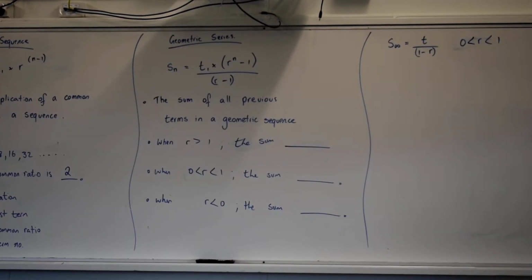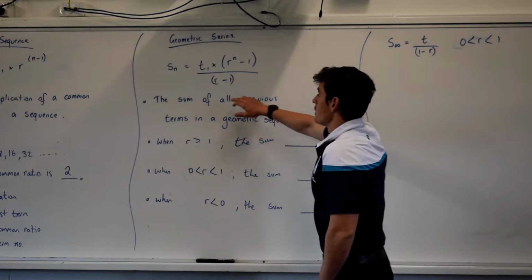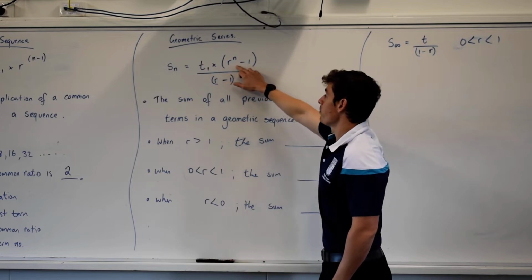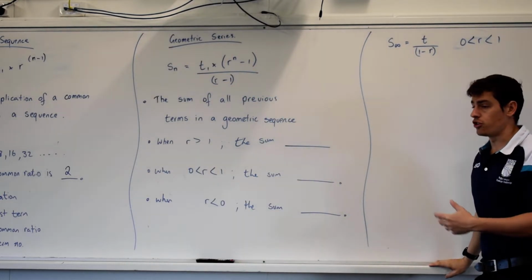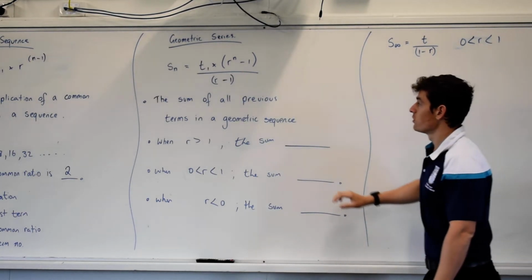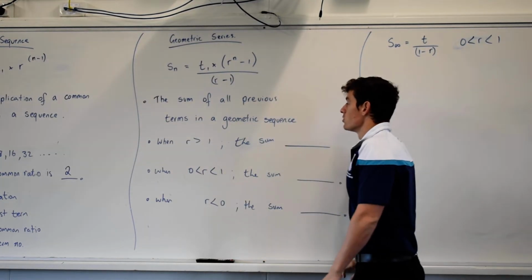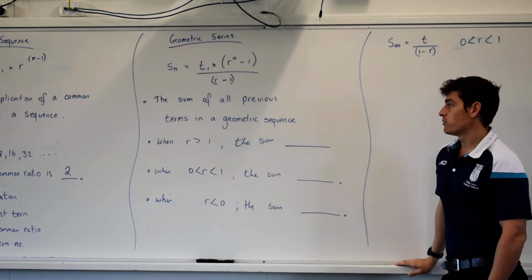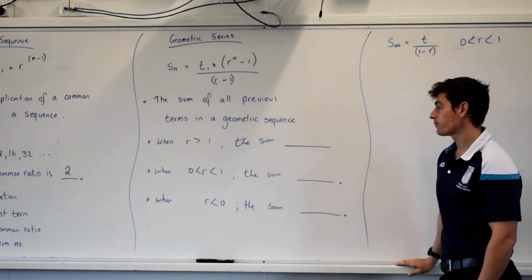So for our geometric series, and again this is given on our formula sheet, T1 multiplied by r to the power of n minus 1, divided by r minus 1. No new terms there, correct? The only thing that's different is that we've got our n in our power. So the sum of all previous terms in a geometric sequence is our summation there.